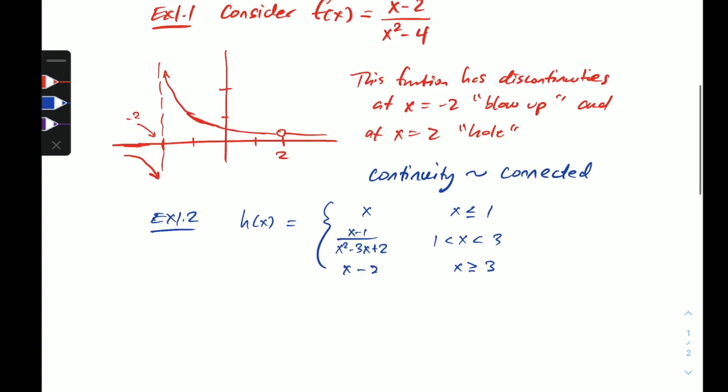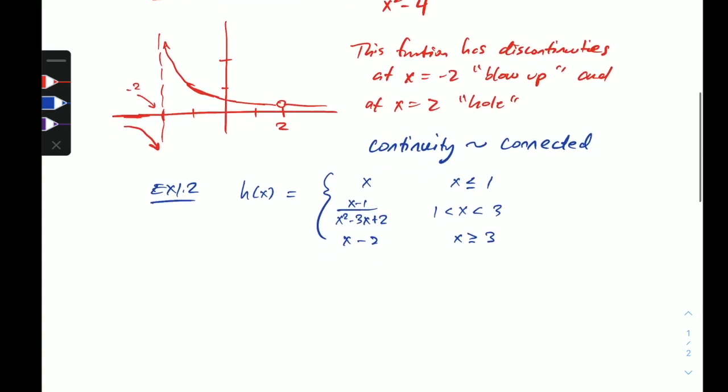So again, we're going to draw this function. The places where it switches between the different formulas are at 1 and 3. So before 1, it's x. And then from 1 to 3, it's this rational function.